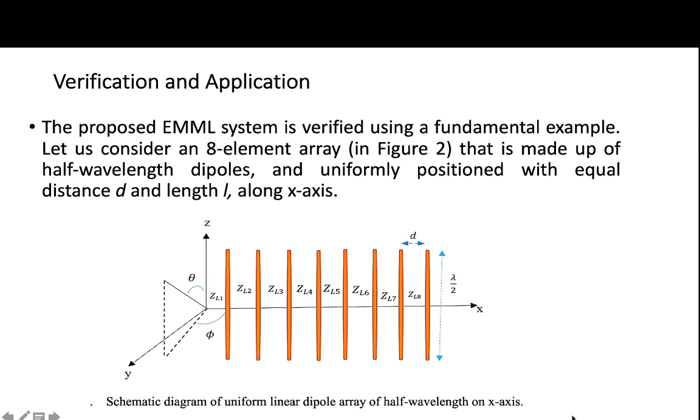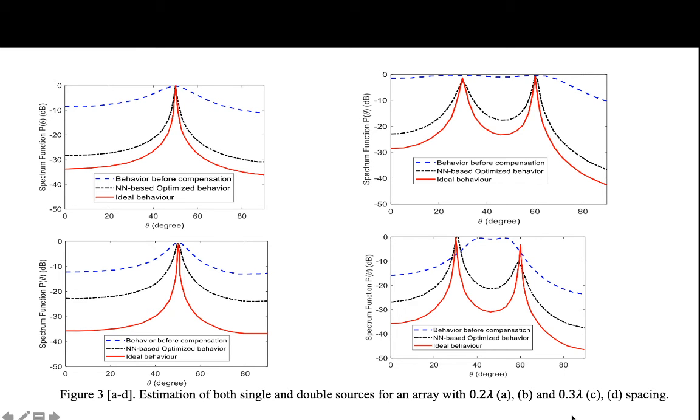For a single source, we can see that the performance of our proposed method shares a close relationship with the ideal behavior, while in the two-source case, it also shares the same profile with the ideal behavior. This makes it a good option, or a good technology, for our systems.